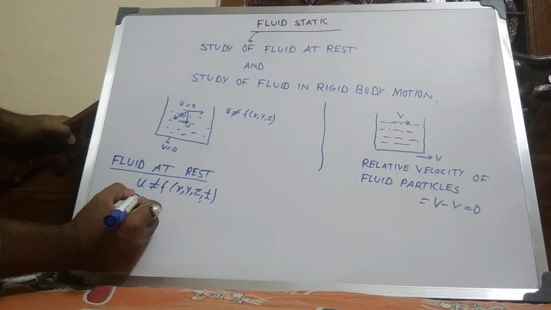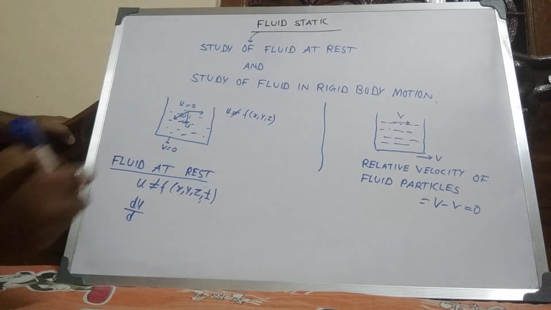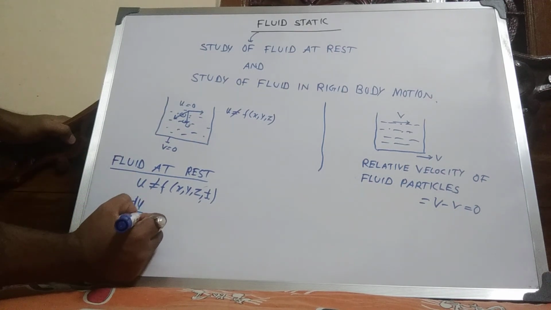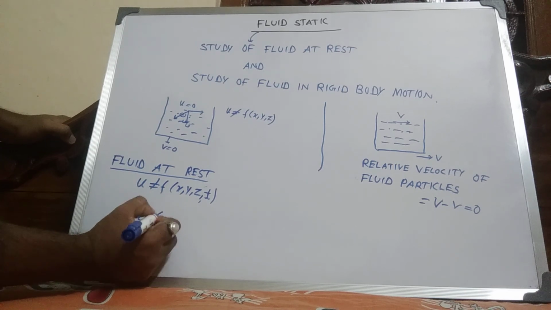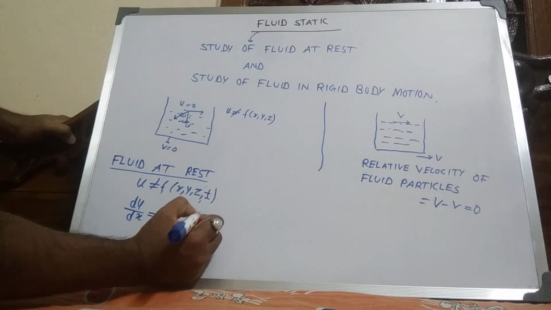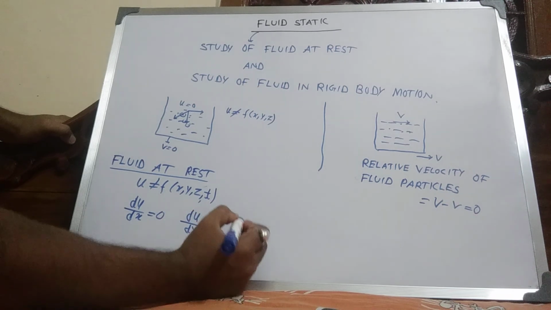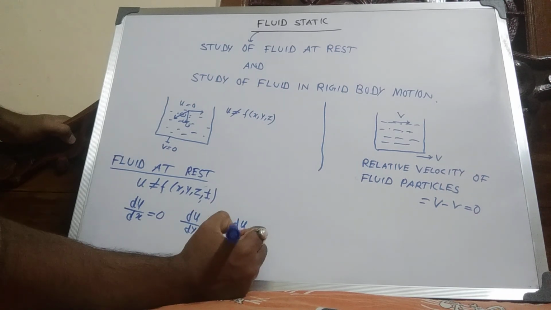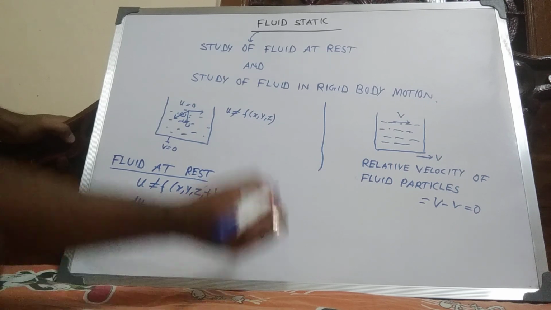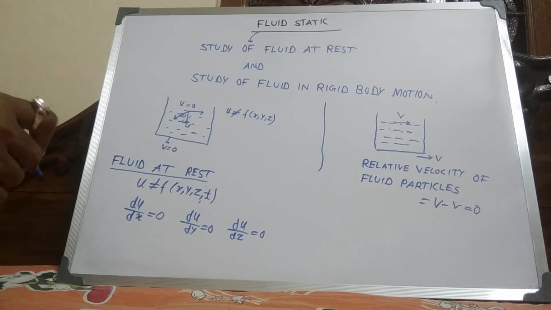So differentiating, the velocity gradient in x direction is 0, velocity gradient in y direction is 0, velocity gradient in z direction is 0, and also with respect to time is 0.